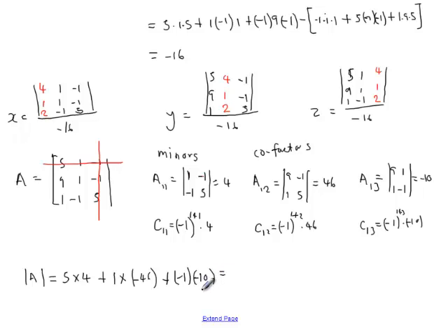Then the rest of things now is simplified. What is this? 20, no? What is this? Minus 46. What is this? Plus 10. What is this? Minus 16.